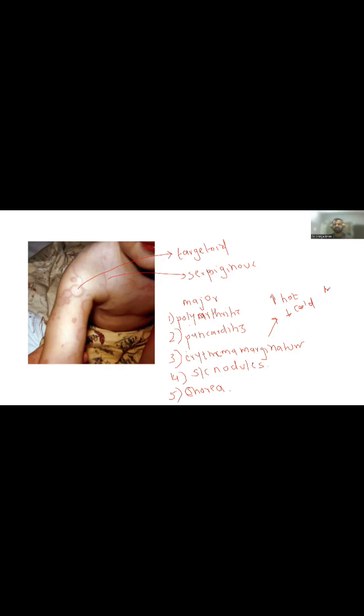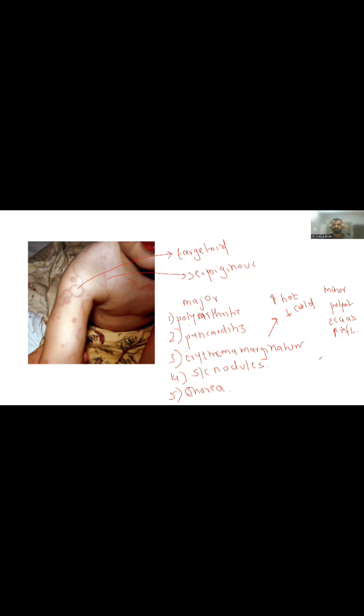Minor criteria for rheumatic fever are arthralgia or polyarthralgia, ECG abnormalities, and then there might be an increase in CRP or other inflammatory markers. So all these are the minor criteria for the diagnosis of rheumatic fever.